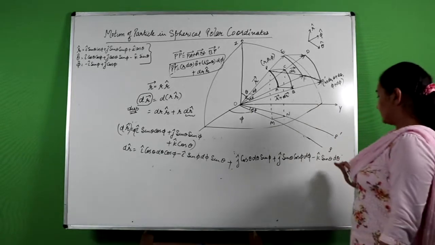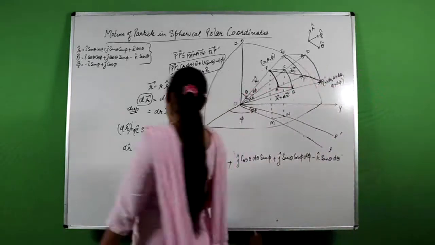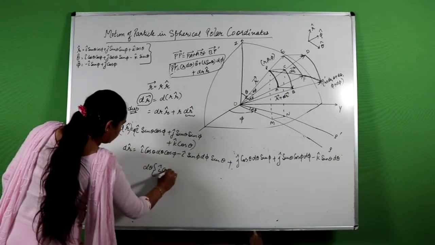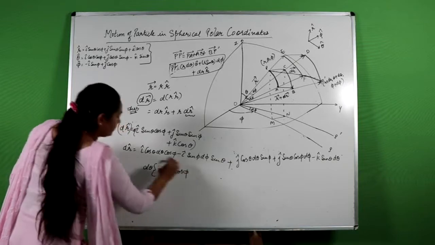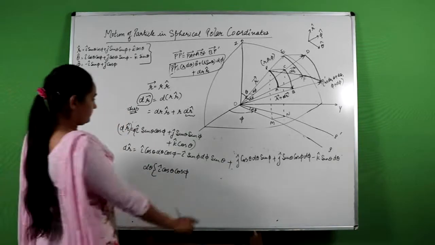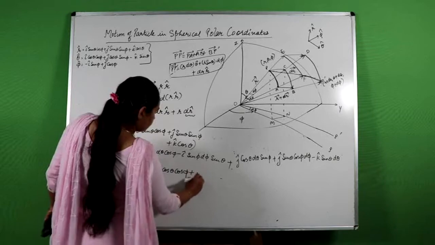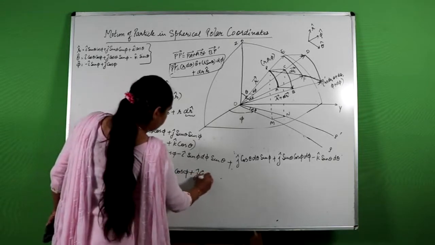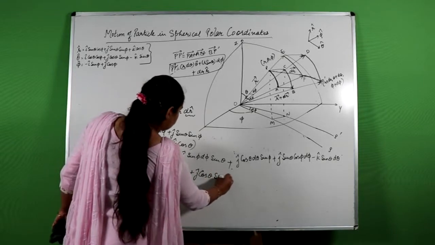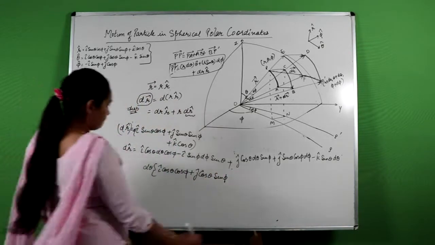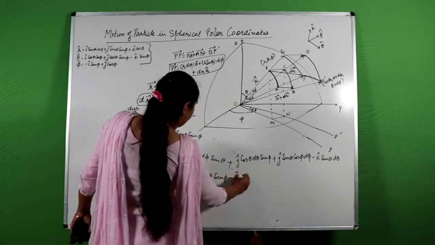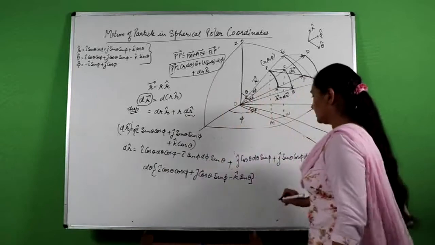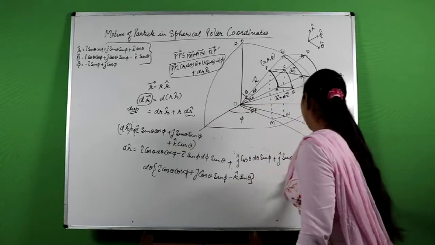Now I will take the d theta term in the same bracket. This is I cap cos theta cos phi, j cap cos theta sin phi, minus k cap sin theta in one bracket, and phi terms in another bracket.